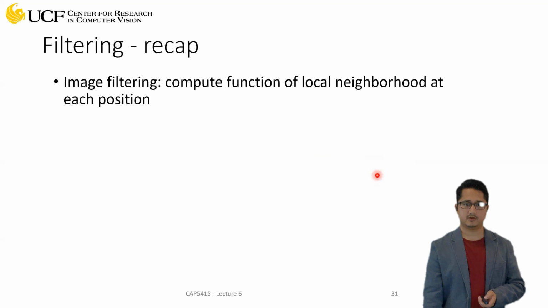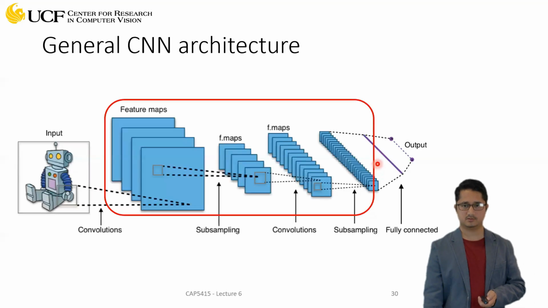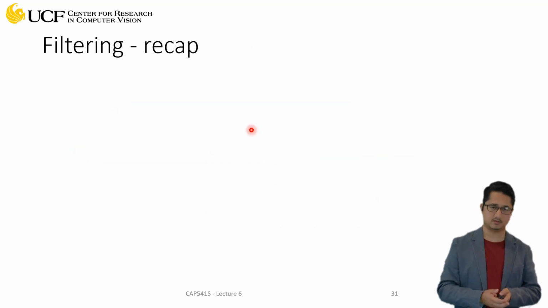And once you have these features, you can use them to perform the classification task. All right, so let's try to understand how this part is actually extracting features. For that, let's go back to filtering.